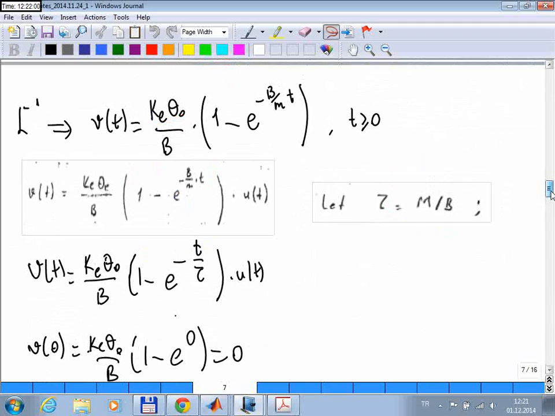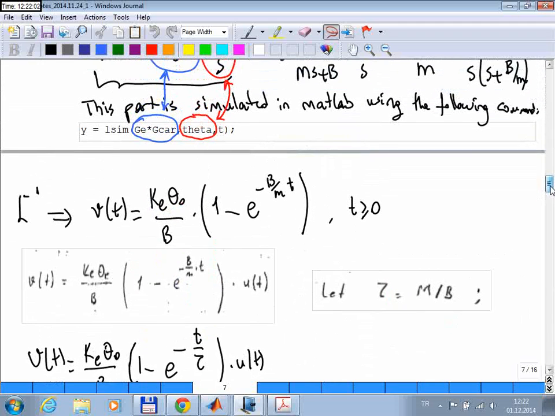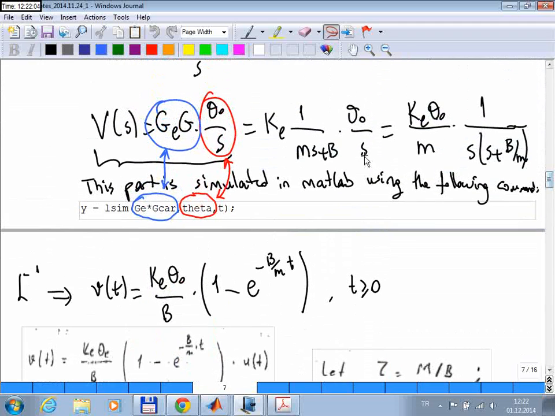But where that comes from is the following. It comes from the transfer function of the system. Okay, so the transfer function of the car was 1 over ms plus b, and this has a pole, right?